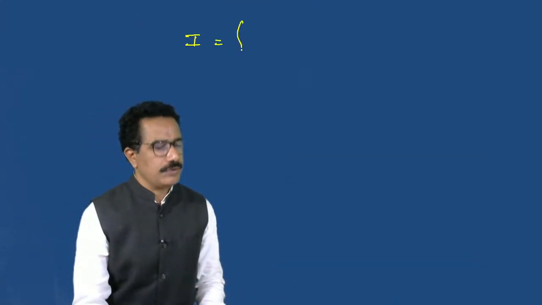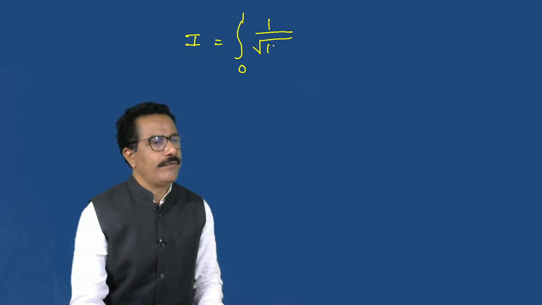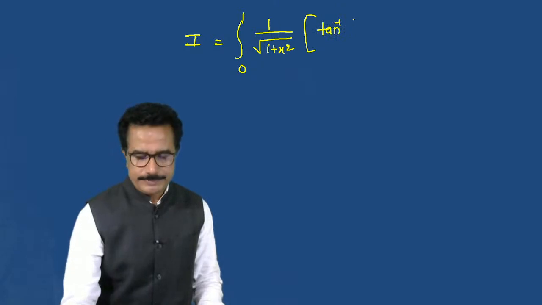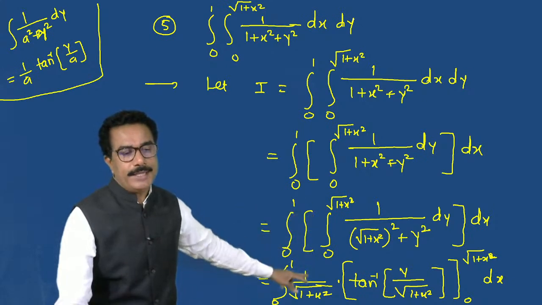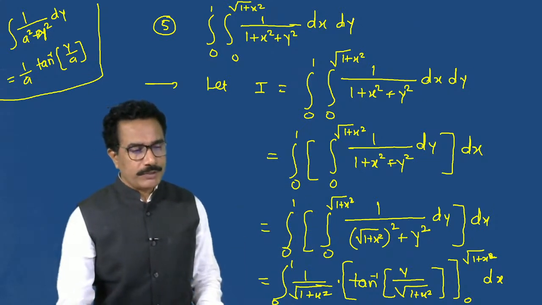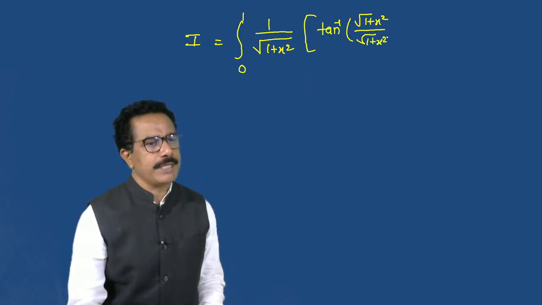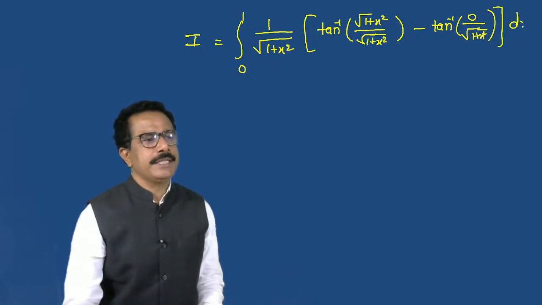So I is equal to the first integral as it is, 0 to 1, 1 upon root of 1 plus x square, times tan inverse of the upper limit in place of y, root of 1 plus x square divided by root of 1 plus x square, minus tan inverse of 0 divided by root of 1 plus x square, keeping this integral as it is.